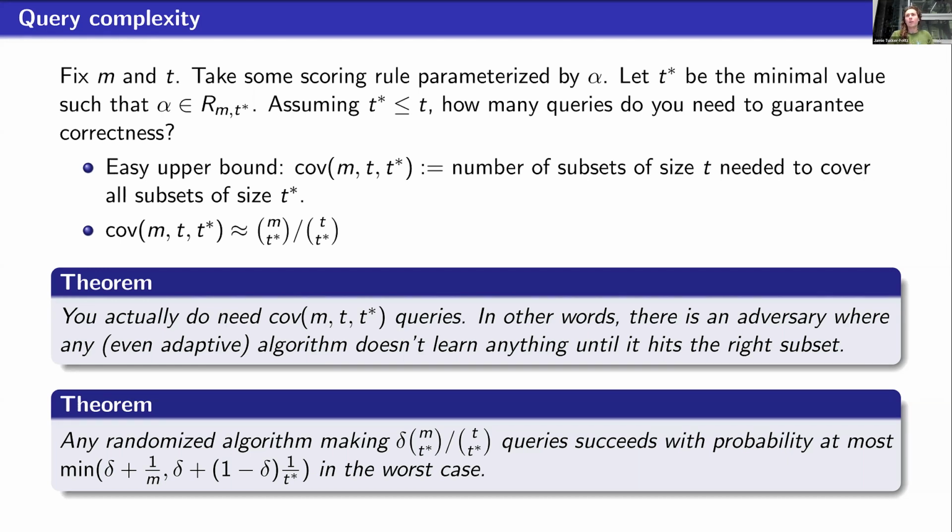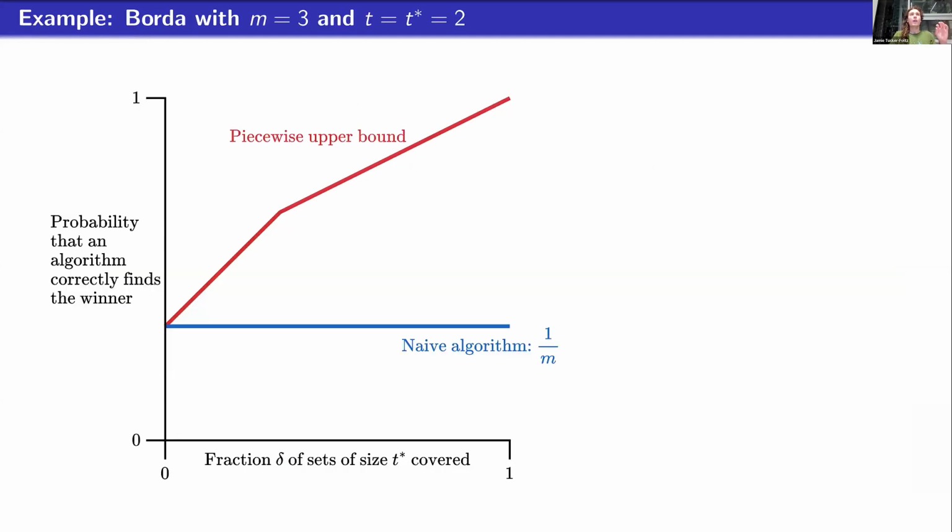Just to give you an example of the gap between our knowledge of upper bounds and lower bounds, let's look at the very simplest possible case, which is Borda count with m equals 3. Here we know Borda count can be done with queries of size 2, and suppose there are 3 candidates. What is the best a randomized algorithm can do in terms of the fraction of the 3 queries it's allowed to make?